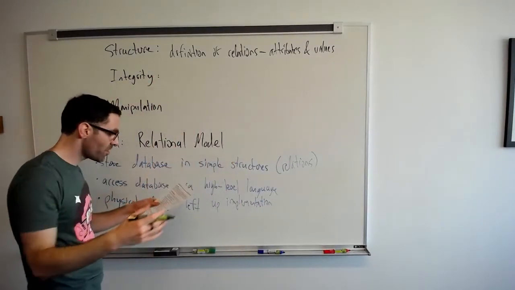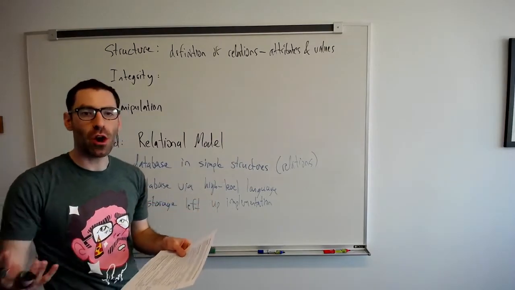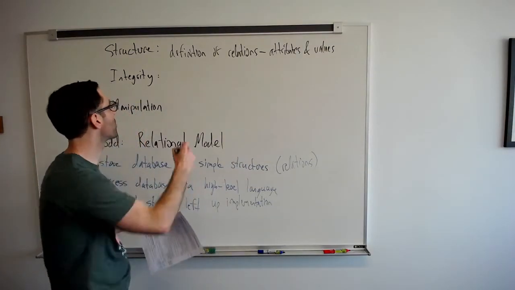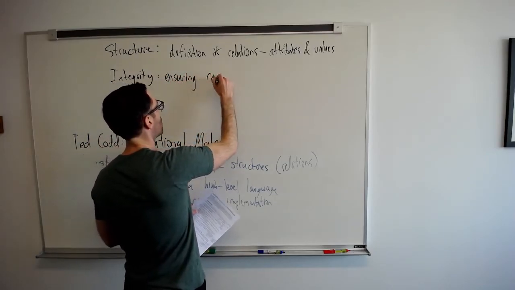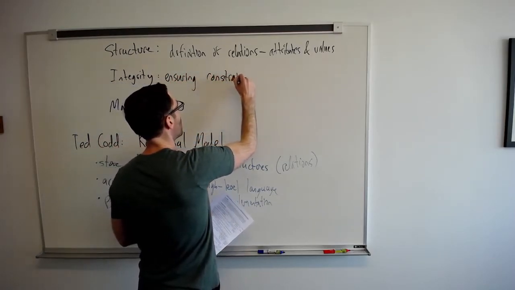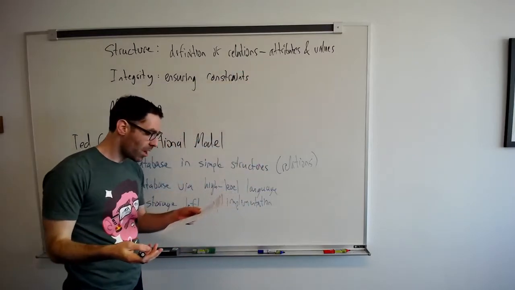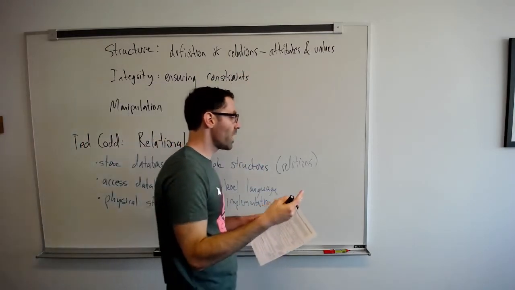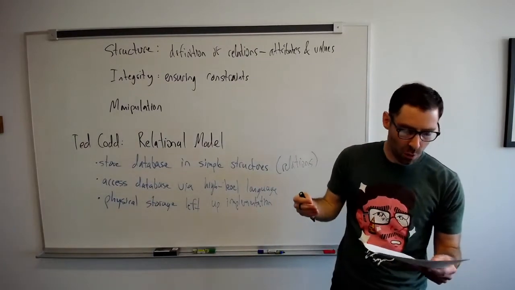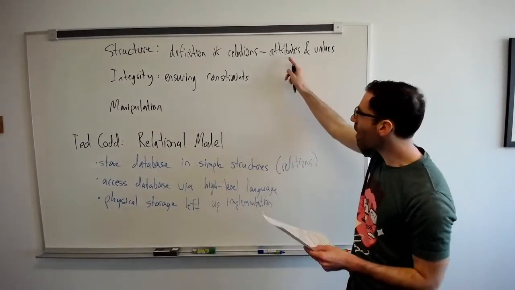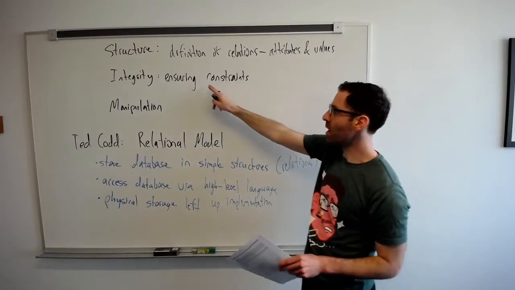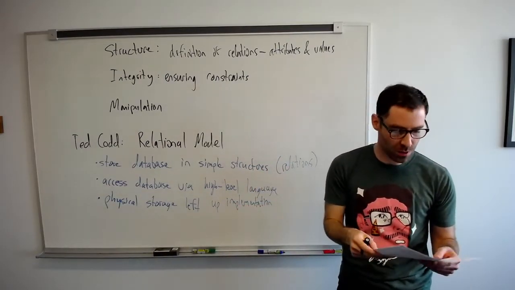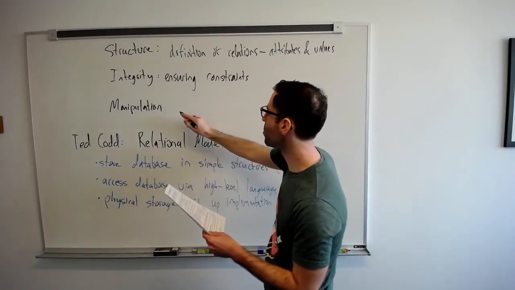Integrity is ensuring that our database satisfies certain constraints. So these might include something like the value for the year attribute has to be a number. That would be an example of a constraint that we'd want our database to ensure.